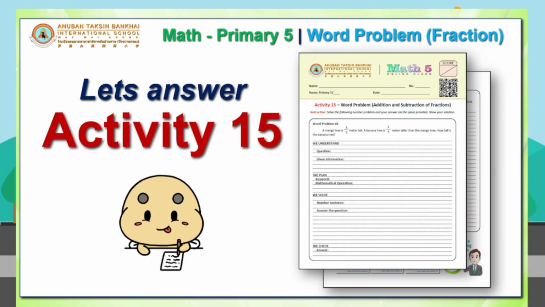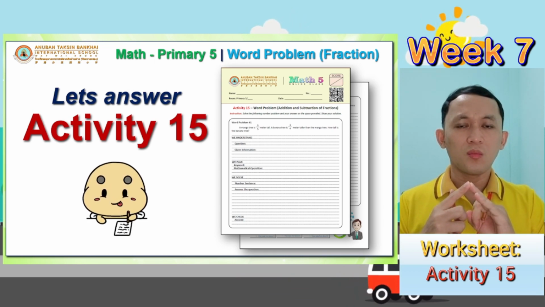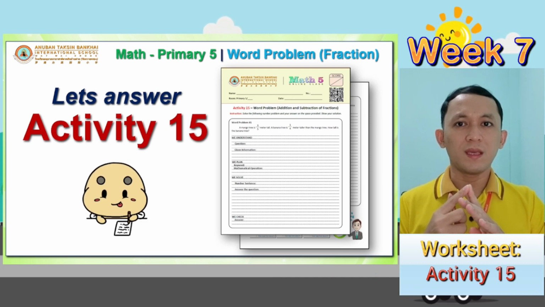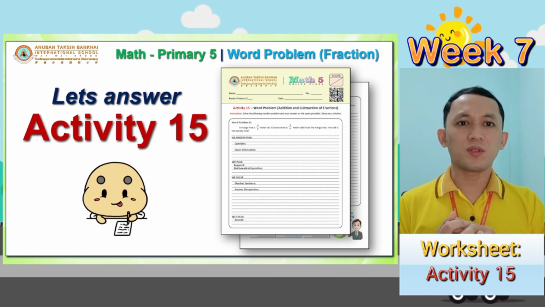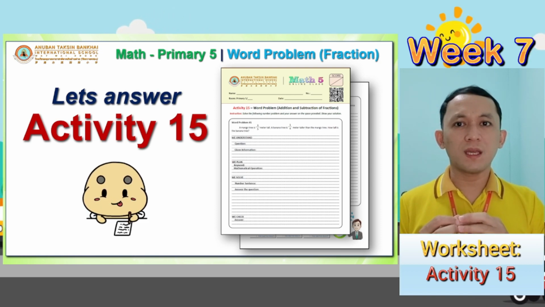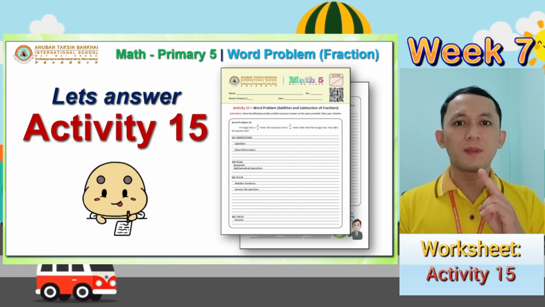We have 2 problems here. You are going to follow the 4 stages: we understand, we plan, we solve, and then we check, or in we check, we're just going to write our answer. So activity number 15, you are going to answer problem 1 and problem 2.